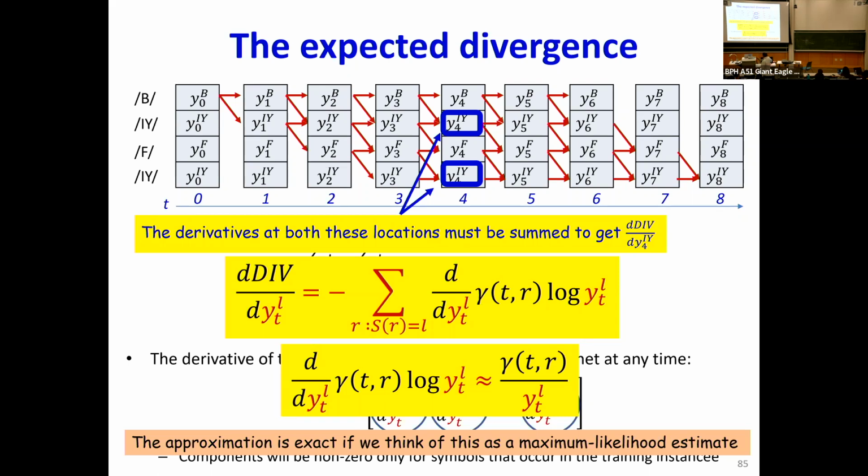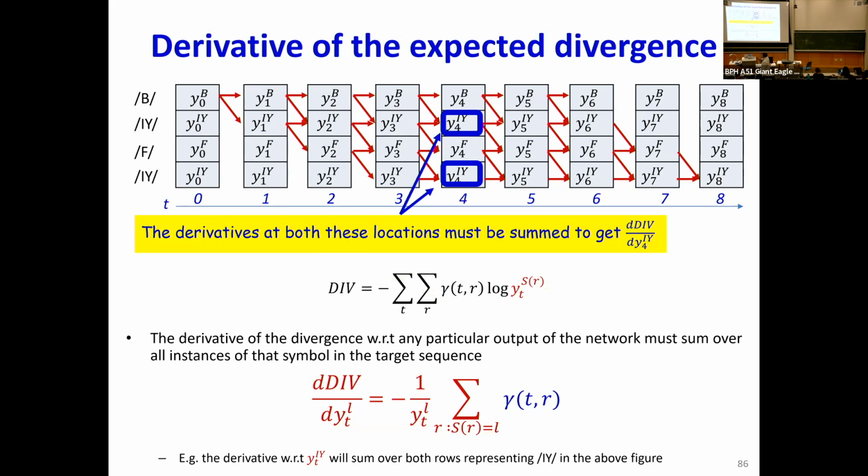And so now that means the derivative of the divergence with respect to the probability assigned to any given symbol at any time is the negative of the sum over all the rows of the table that invoke the symbol of the gammas for those blocks divided by the probability of the symbol itself, right?